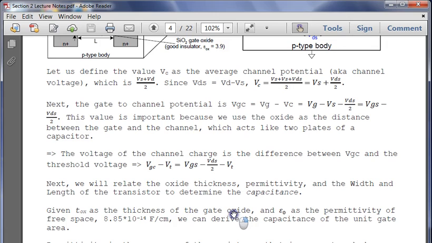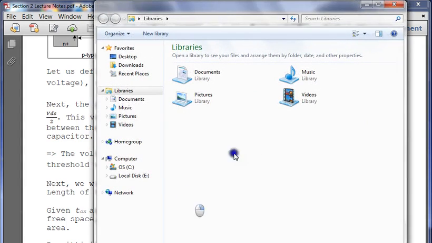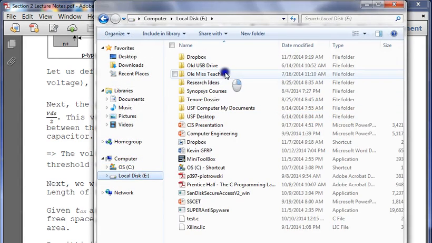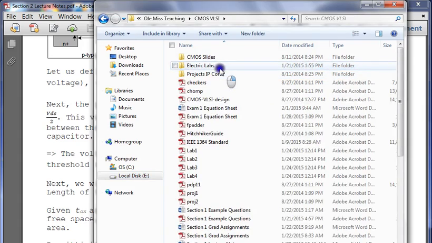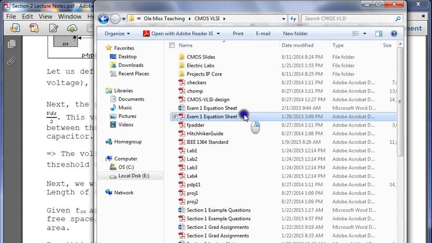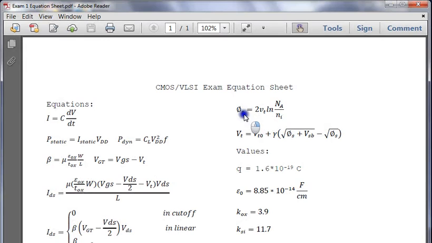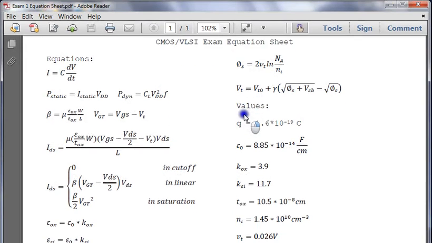But these equations will be on here. I can show you really quick what I have so far. So I'm starting to put all these equations and variables here.